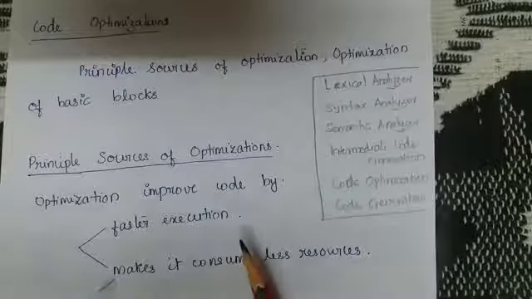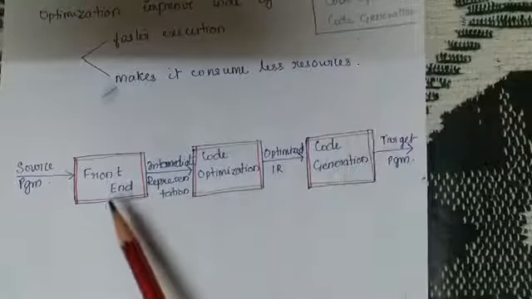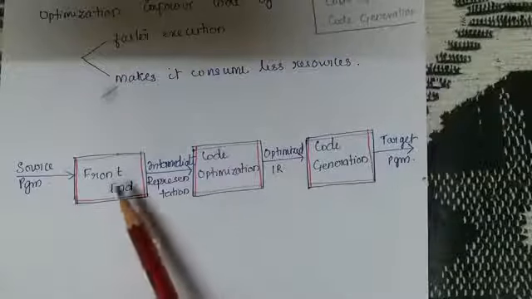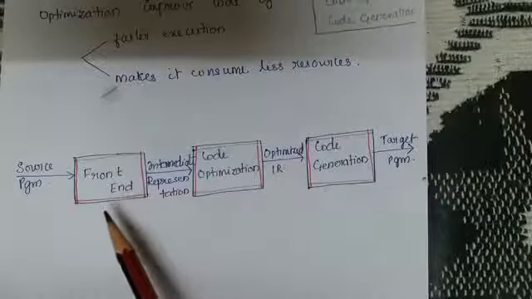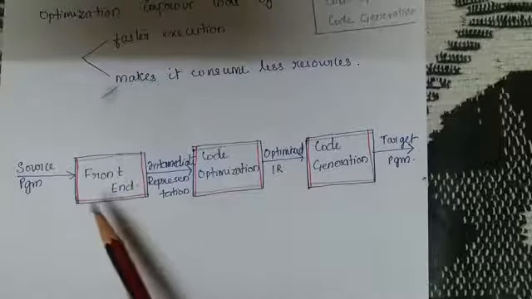Look at the figure here. The lexical, syntax, semantic, and intermediate code phases come under the front end.